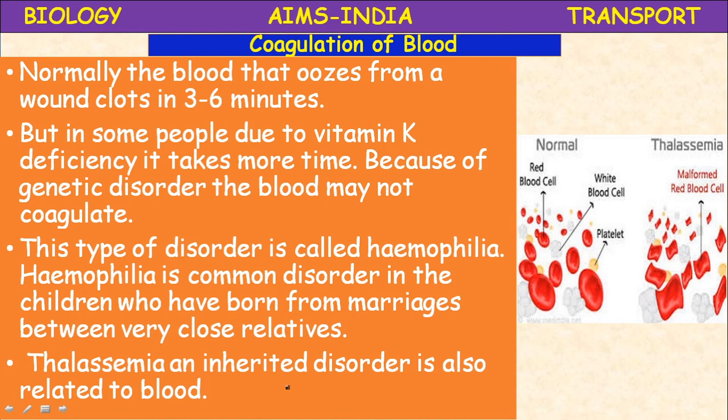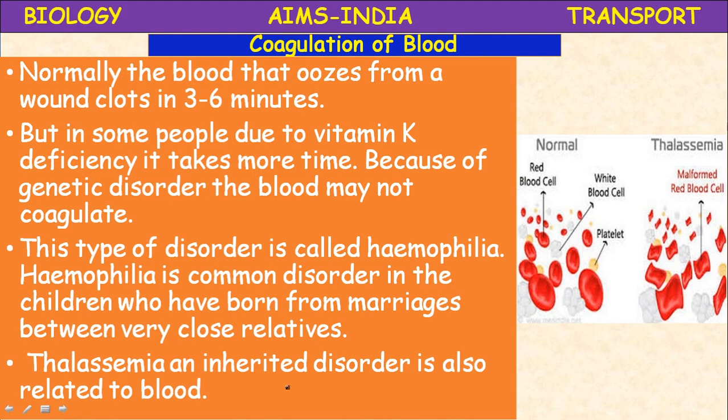Thalassemia is another inherited disorder. It is also related to the blood only. It is given clearly at the end of the textbook, in Annex 2.